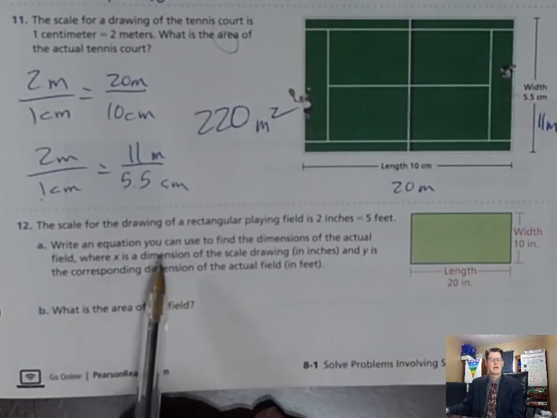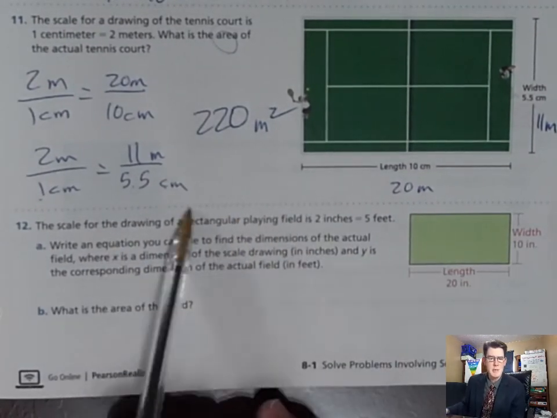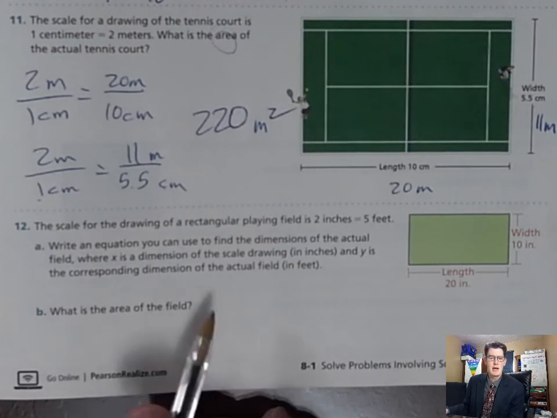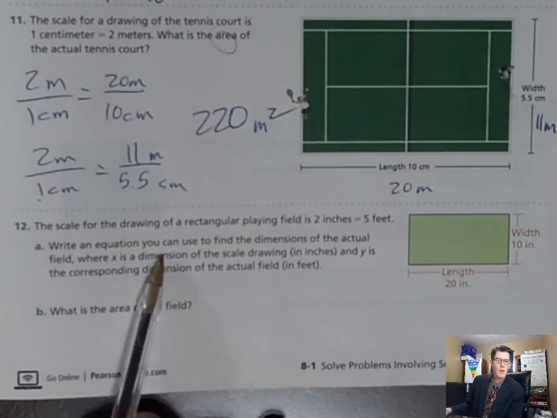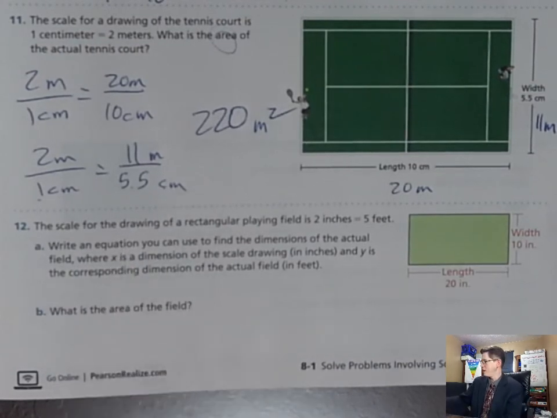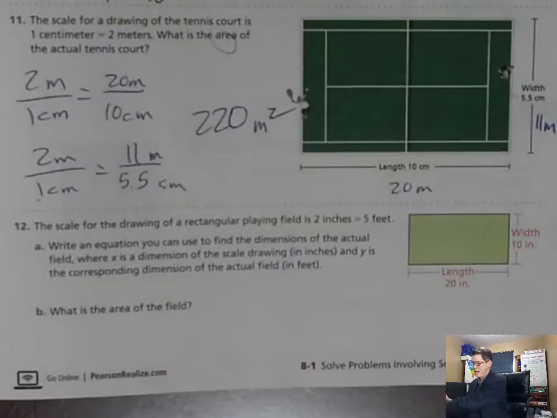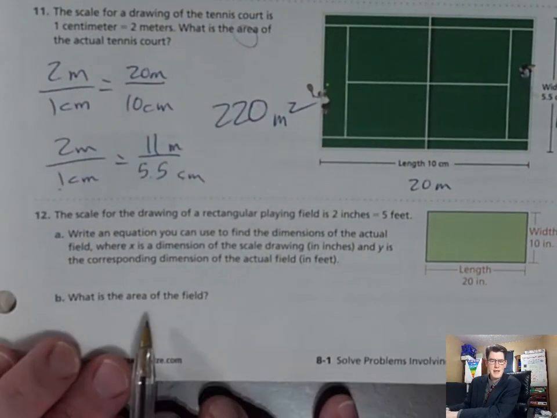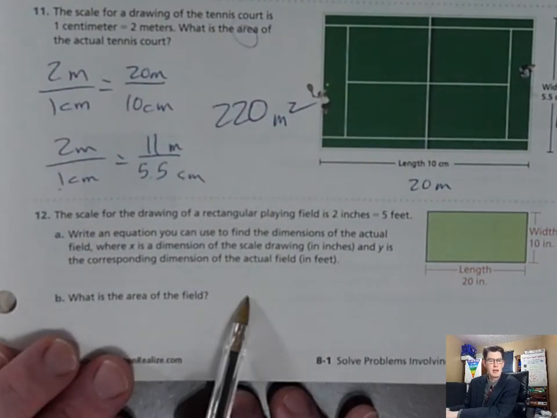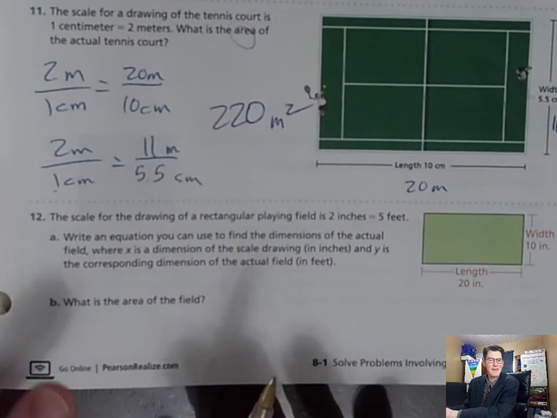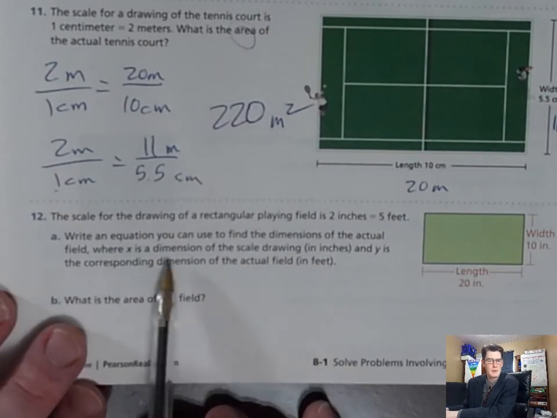And you can do the same action on here where they're asking for the area of the field. They're wanting you to use the scale factor equation, y equals kx on here. If they give you the information, you can go ahead and write it out. If you're not sure how to use that, just use the proportion.